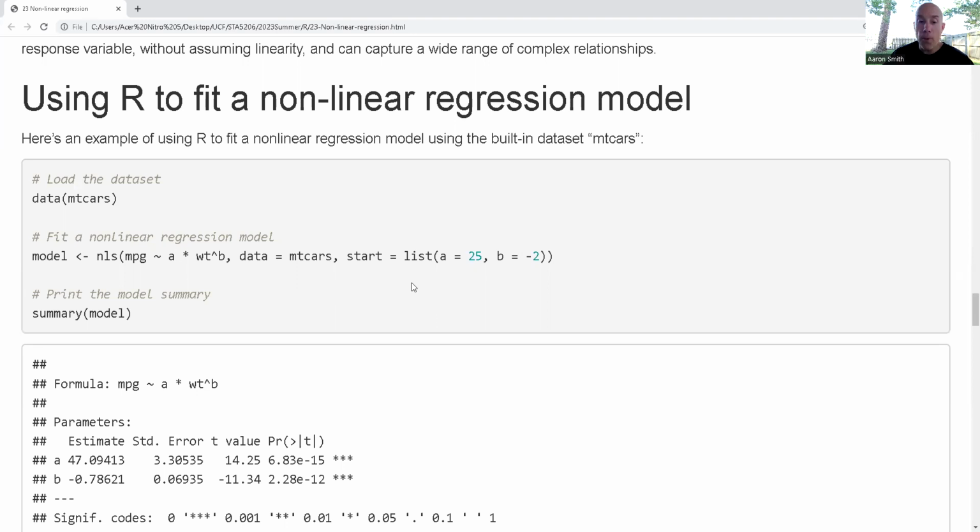Now, something about this is that for us to get our estimate, we need to give initial values for our estimates. In a very complicated model structure, that starting value is critically important. If it's a simpler model, it's not going to be such a big deal.